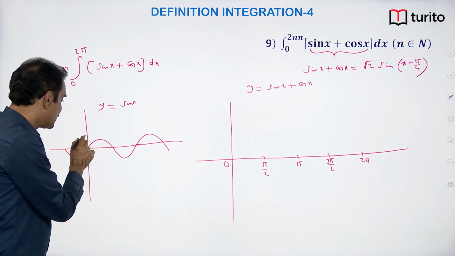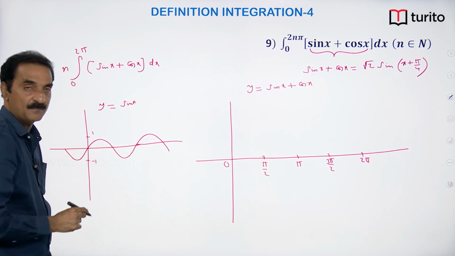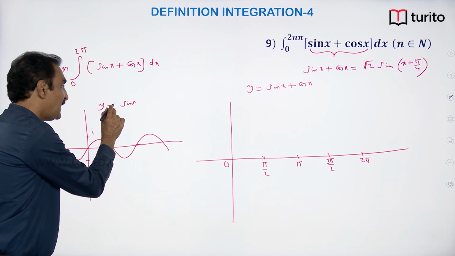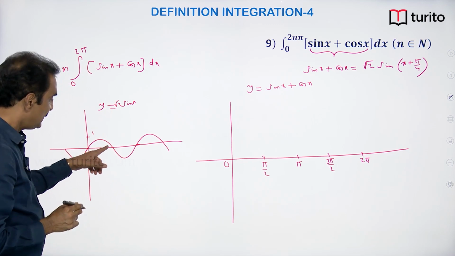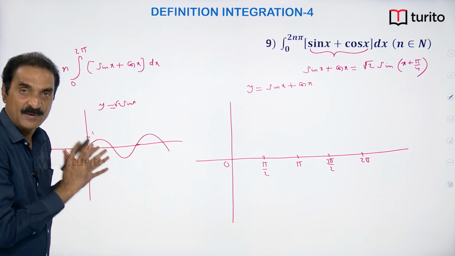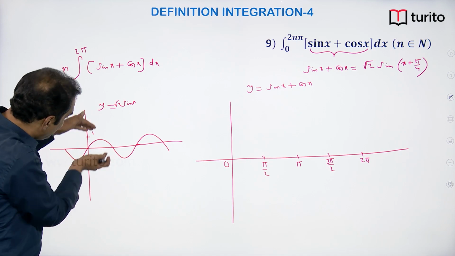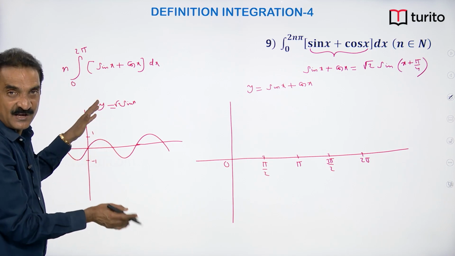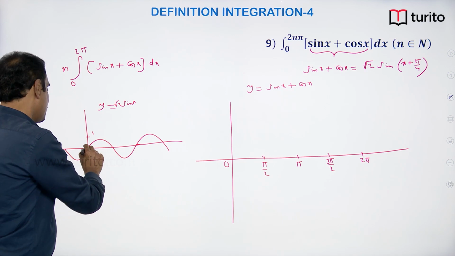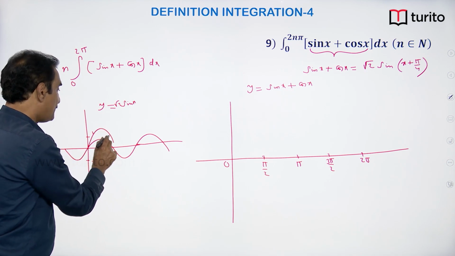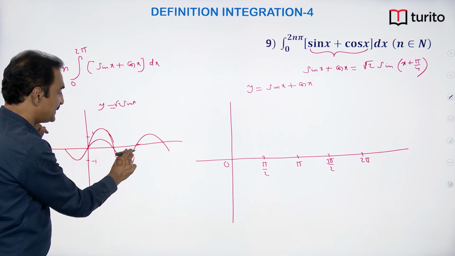Its maximum value is 1, minimum value is minus 1. If you multiply by root 2, these points of intersection with x axis remain same, but only the maximum values, minimum values will change. So graph of root 2 sin x will become like this.